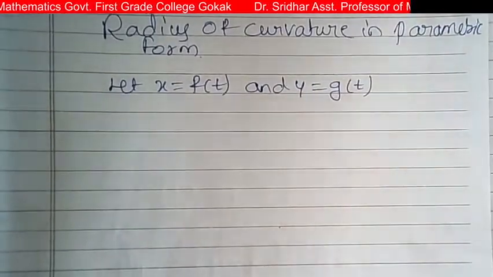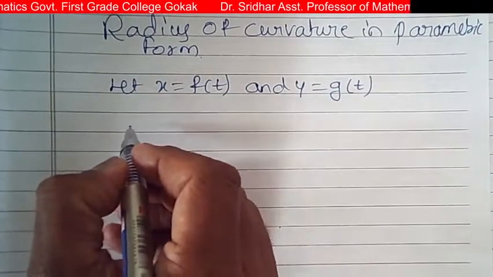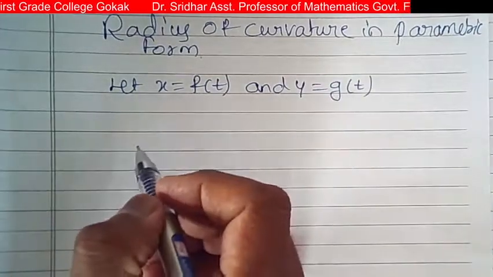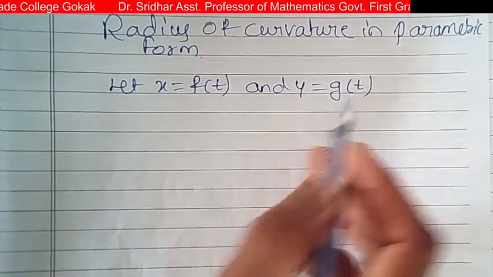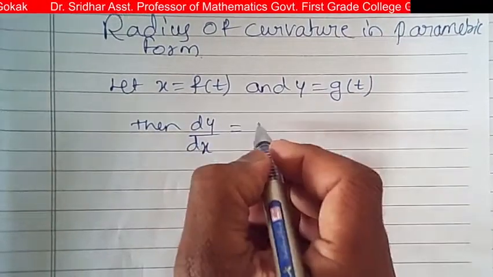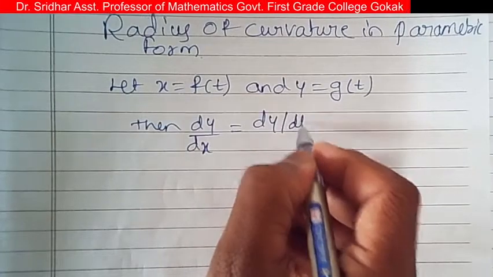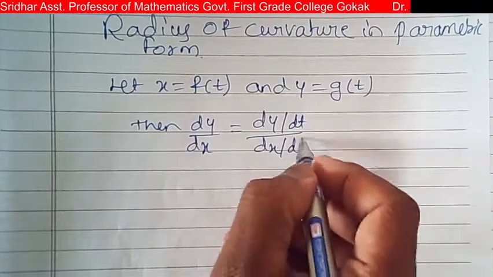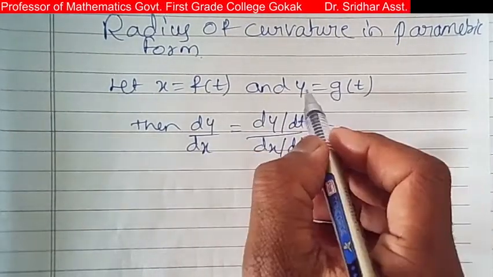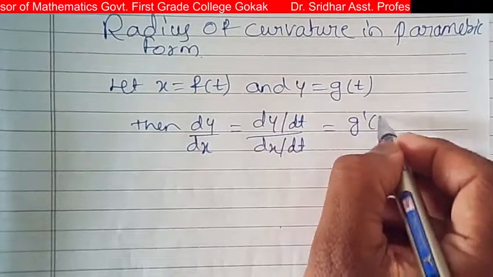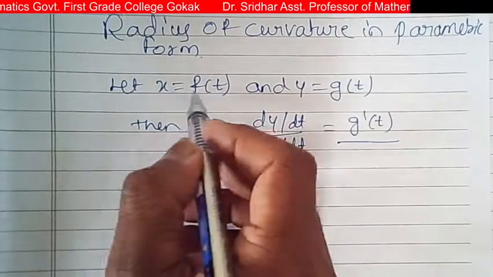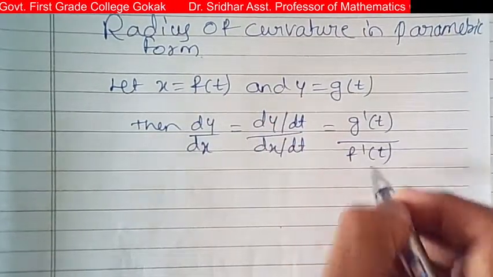So first we find dy/dx. If x is equal to f of t and y is equal to g of t, then dy/dx is given by dy/dt divided by dx/dt. Dy/dt is g dash of t, and dx/dt is f dash of t.